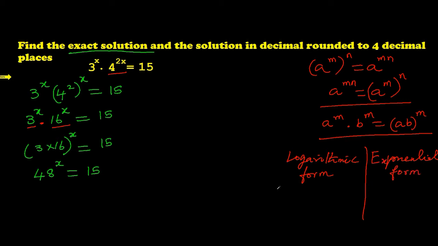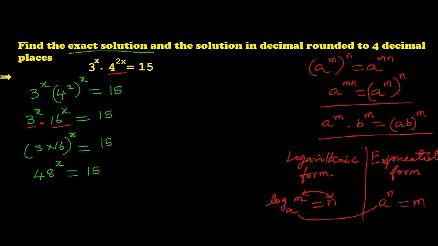Whenever log m to the base a equals n, in the exponential form we keep the same base a, but you interchange these two. m comes here, n comes here. So this is how you convert logarithmic to exponential form and vice versa.